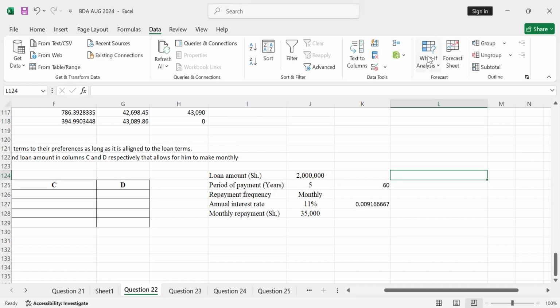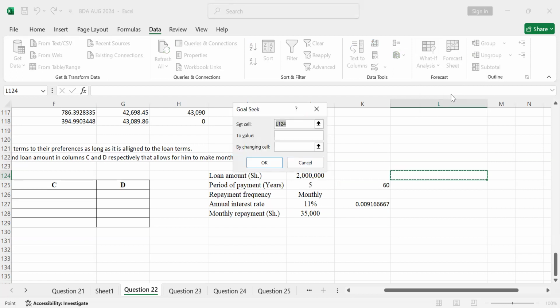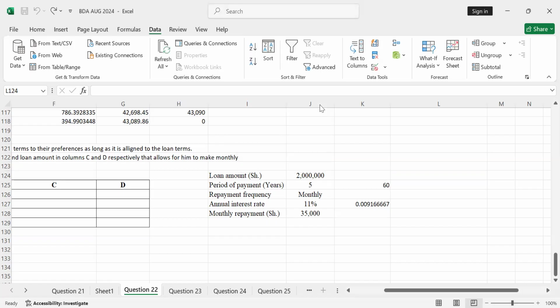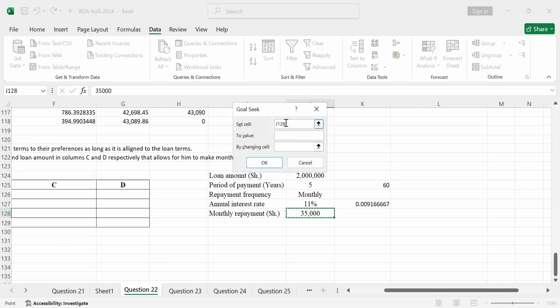Then it is showing me some error. Oh, I've seen.